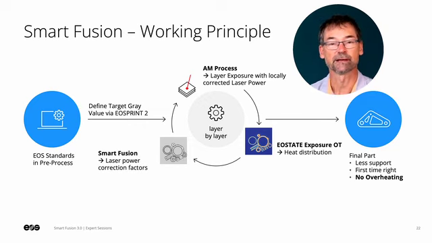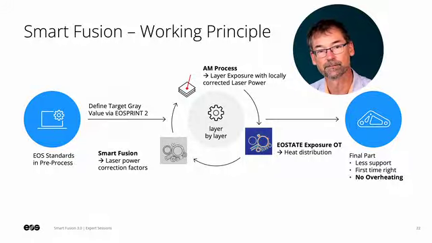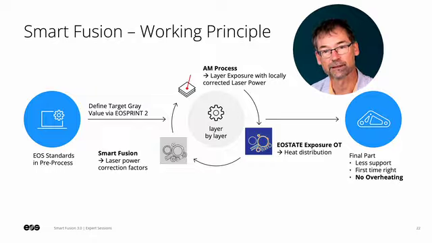Smart Fusion will try to maintain the process at this target gray value by calculating the laser power correction factor as LCF image. This is done by checking the gray value of each pixel after exposure and, depending on the deviation from the target value, a correction factor is applied.